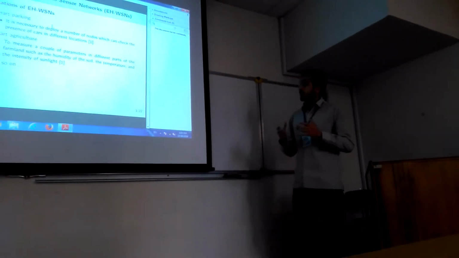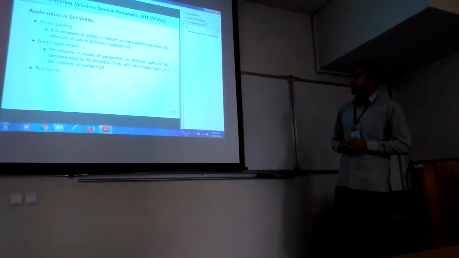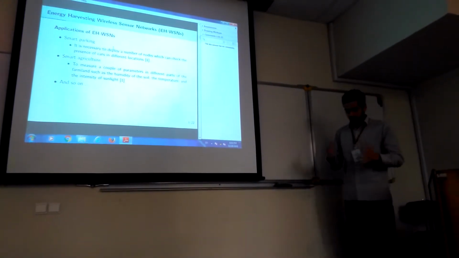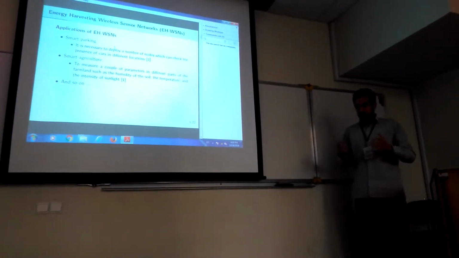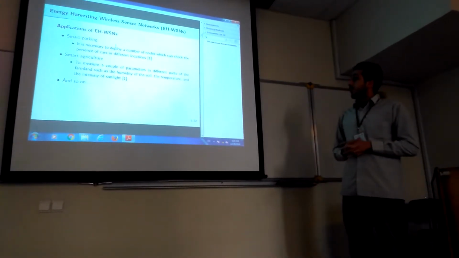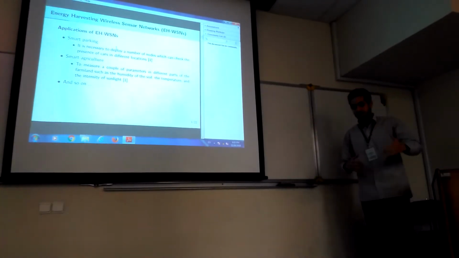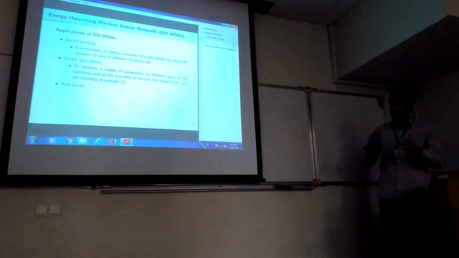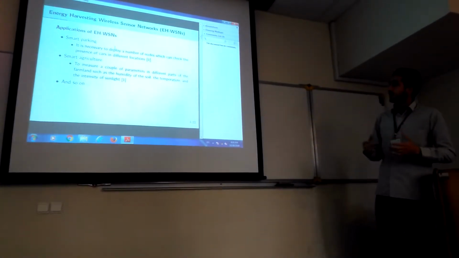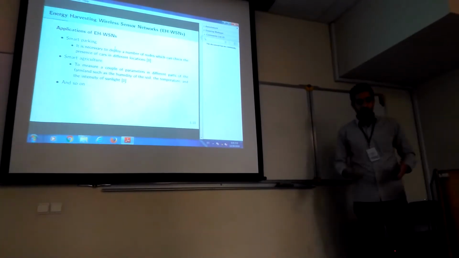EH-WSNs have a couple of applications, and I'm going to say how EH-WSNs exactly serve these applications. First of all, I'm going to talk about smart parking, which is an attempt to automate the process of reserving parking spots, and it is necessary to deploy a number of nodes which can check the presence of cars in different locations.